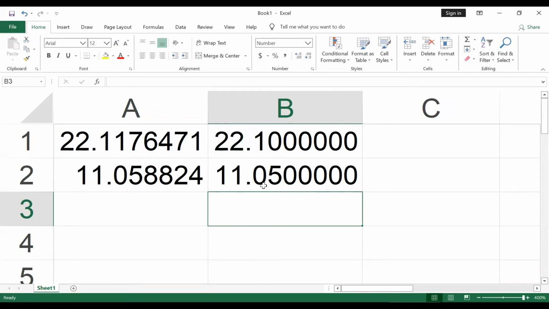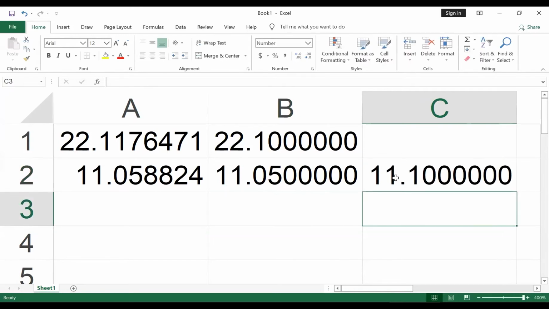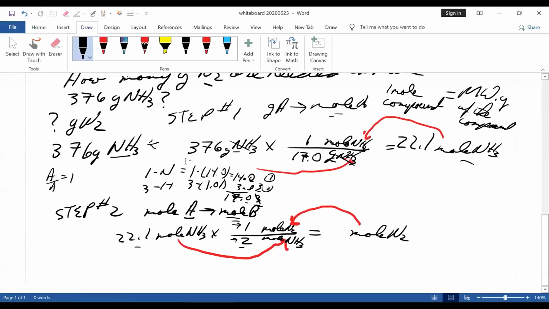Now this one, I'm going to keep in column A because I'm going to round off at the end. But now I'll round this off at each step. And the answer is 11.1 moles of nitrogen. Am I done?